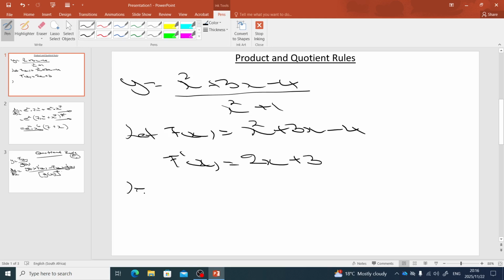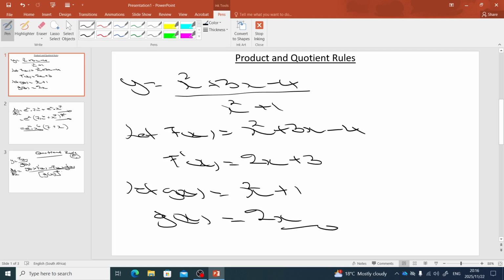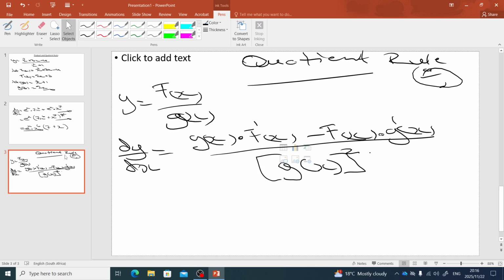Then you say let g of x equal x squared plus 1. Right, that would be the second one. Then the differentiation of g of x will be 2 multiplied by x. This is what you would have done here.